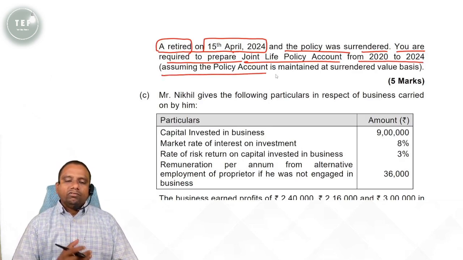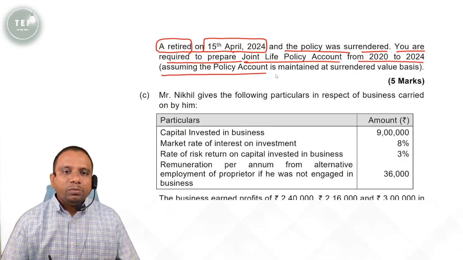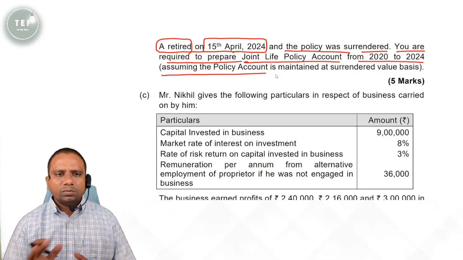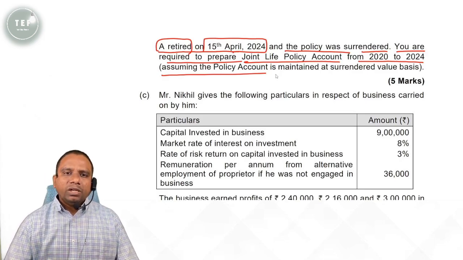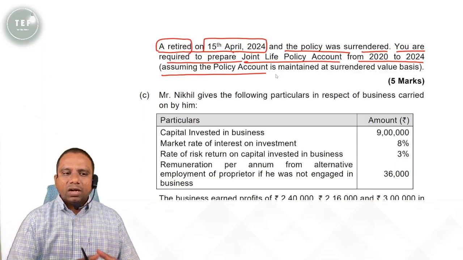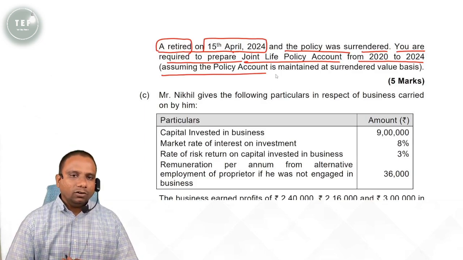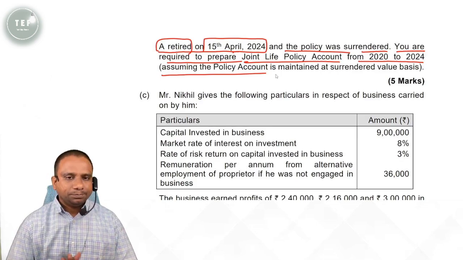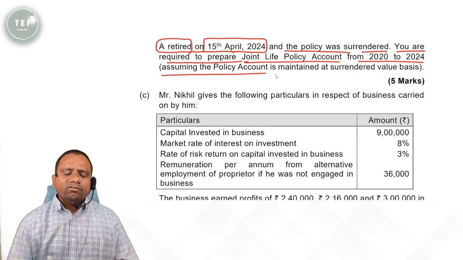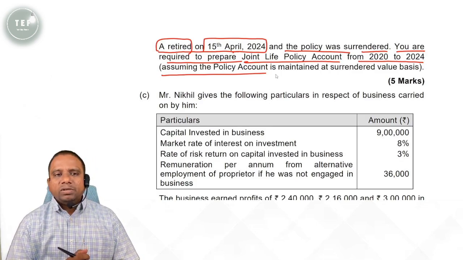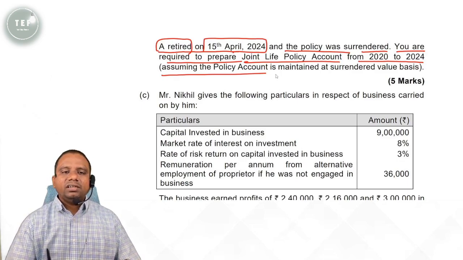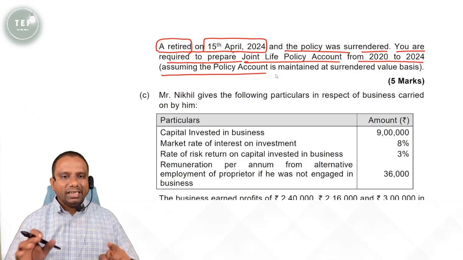We have three methods of treating the premium paid on life insurance policies of partners, whether joint life policy or separate life policy. First, the premium paid is treated as expenditure and transferred to the P&L account. Whenever we receive the policy amount, that is shared among partners. Second, whenever we pay premium, it is treated as an asset, so a JLP account is created.